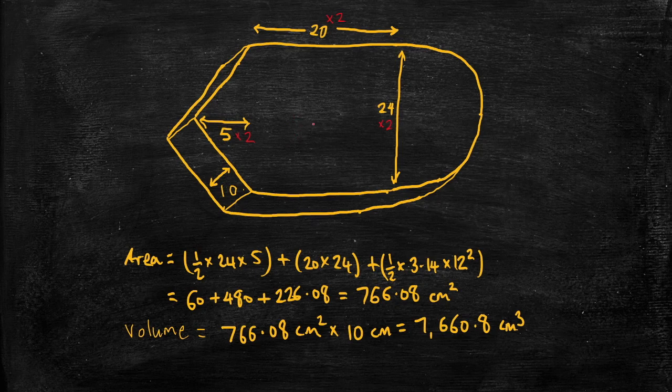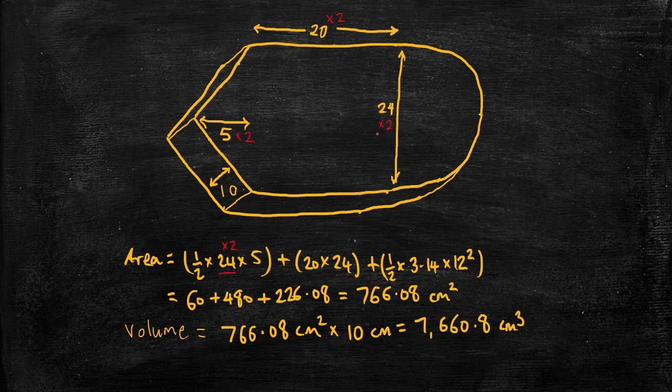And then just thinking about the area of this shape first, what happens to the area compared with the area that we calculated last time of 766.08 square centimeters? Well, let's try and do that area calculation without going through all the steps that we went through last time, but instead just applying scale factors. So this 24 is multiplied by 2.